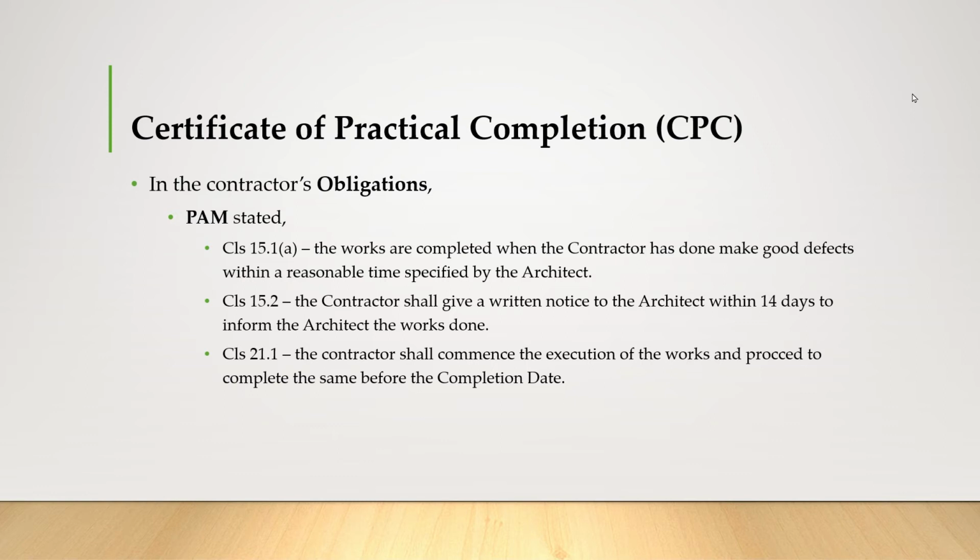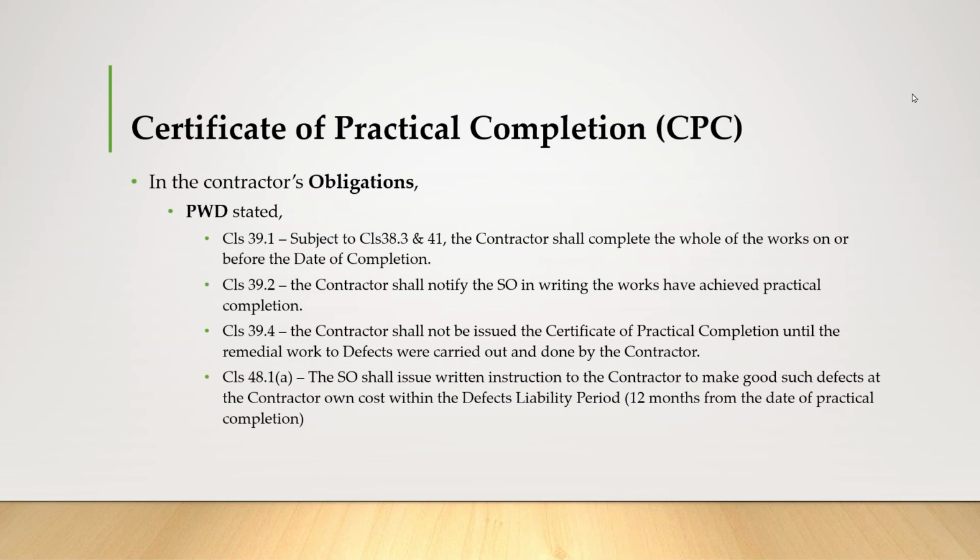the works are done. And also in clause 21.1, the contractor shall commence the execution of the works and proceed to complete the same before the completion date. And the contractor's obligation is stated in PWD in clause 39.1, subject to clause 38.3 and 41.